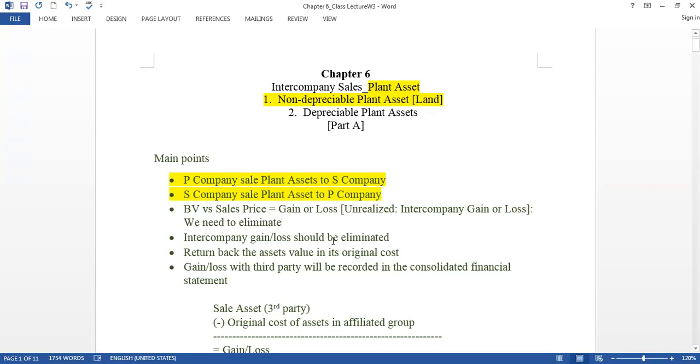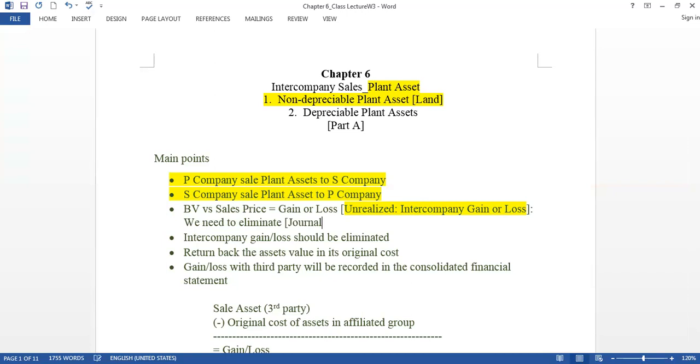So this is the first journal entry for your exam. You have to do a calculation to find out whether you have any unrealized intercompany gain or loss. Okay, so after finding out this kind of unrealized intercompany gain or loss, we need to do one journal entry for elimination, right? So this is journal 1, for example.